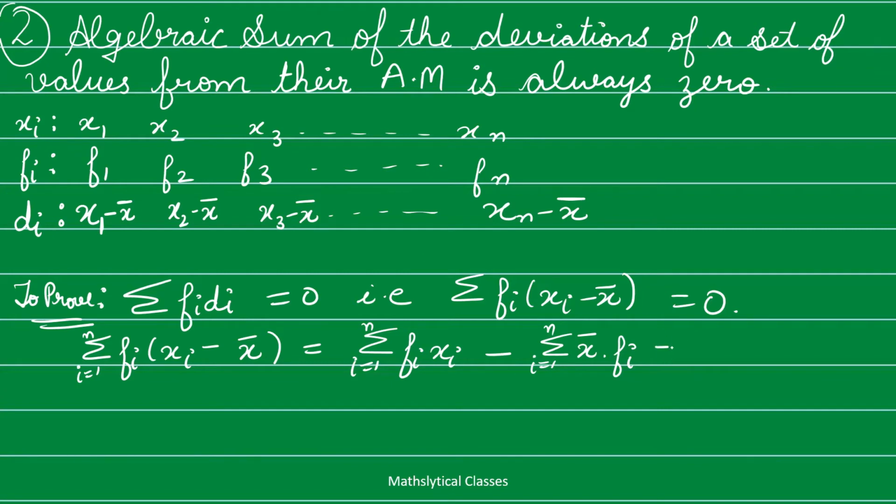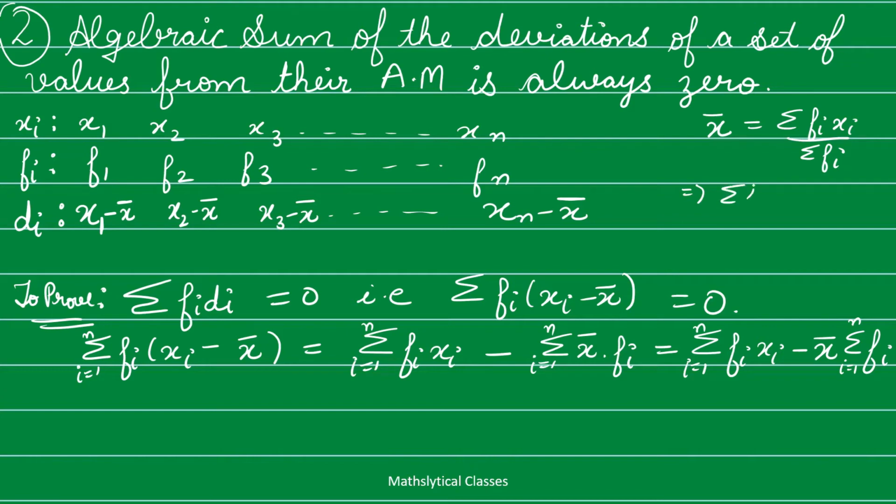So this becomes summation fi xi minus x bar times summation fi, i from 1 to n. Now, what is this? This is a very special thing. We know that mean is equal to summation fi xi divided by summation fi. So from here we get summation fi xi equal to x bar into summation fi.